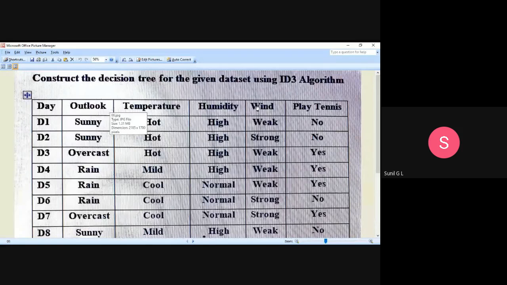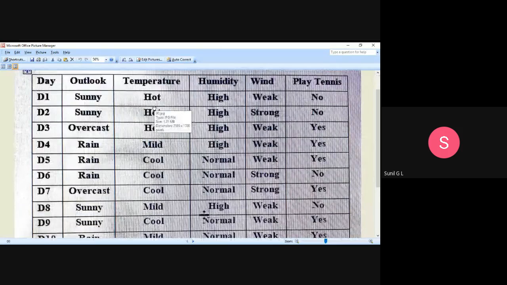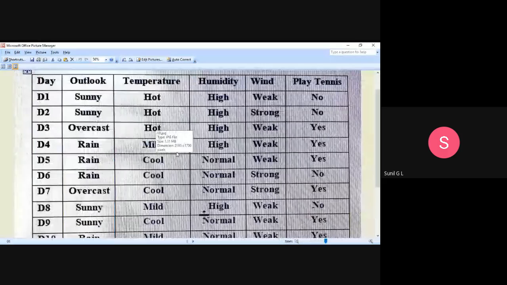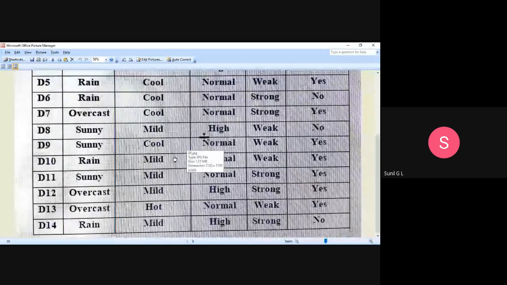Now I will give you the task to calculate the gain of temperature. To calculate it, what do you need to do? In temperature, we have hot, mild, and cool.